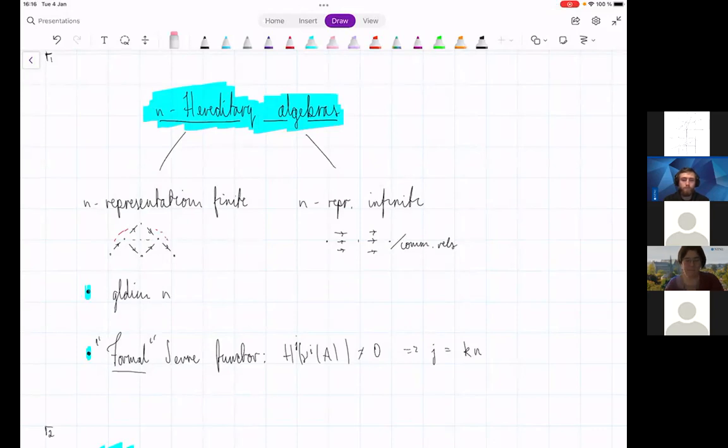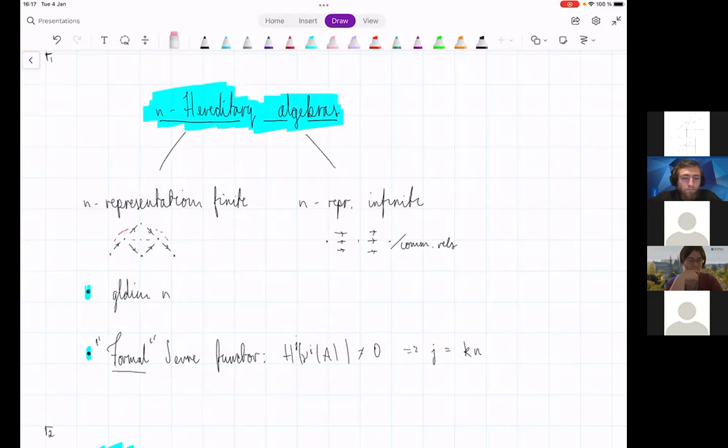What's surprising to me, at least, is that this is sufficient to get a very nice dichotomy result. It turns out that these n-hereditary algebras consist exactly of two more or less disjoint classes of algebras, namely those that are n-representation finite and those that are n-representation infinite. Since these are supposed to be generalizations of classical hereditary algebras, it should be no surprise that they are characterized by similar things happening with their Serre functors as in the classical case.